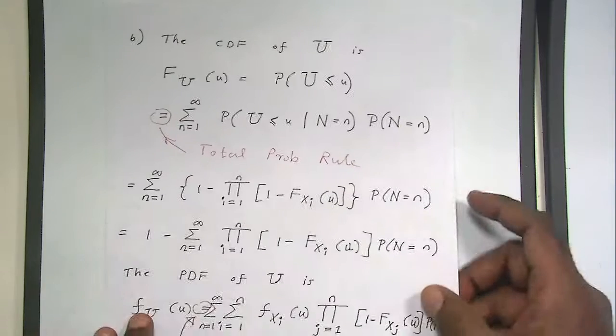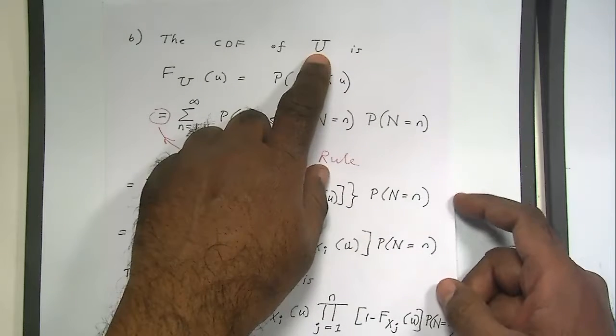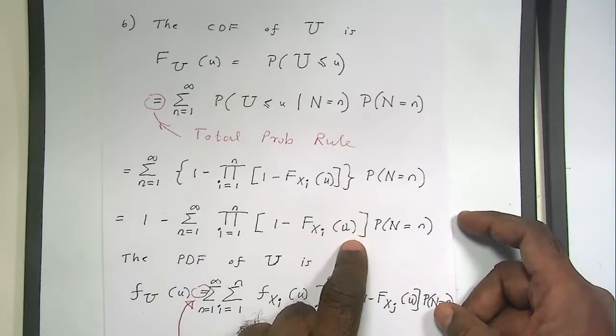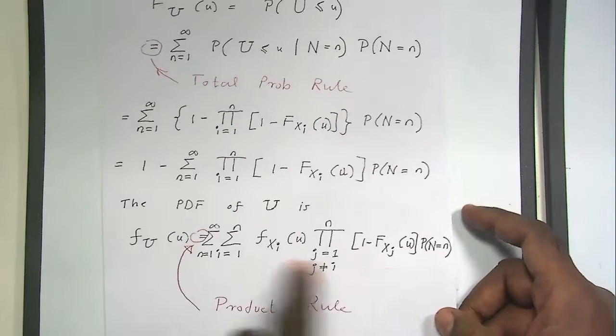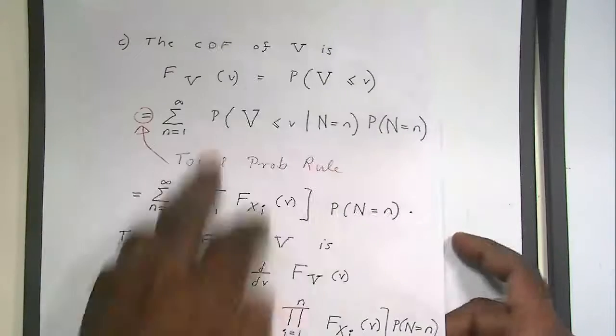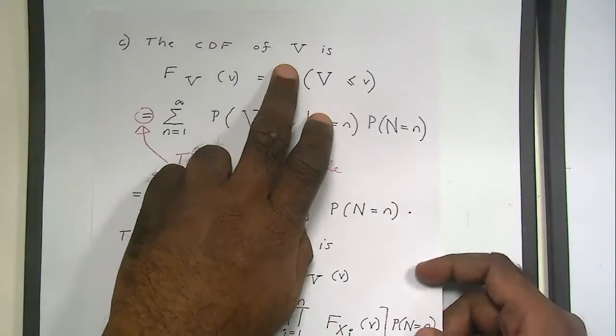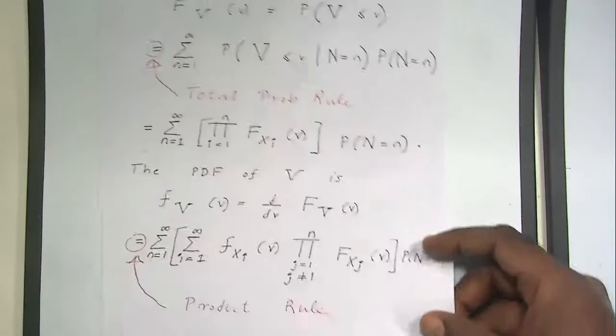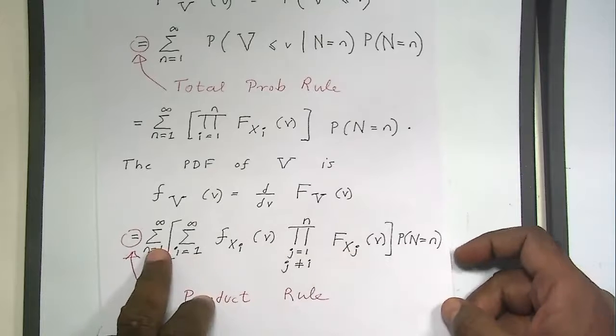Then I derived the CDF of U, which is the minimum portfolio loss. It takes this formula, and the PDF takes this formula, right? And then I derived the CDF of V, which is the maximum portfolio loss. The CDF takes this formula, and the PDF takes this formula, right?